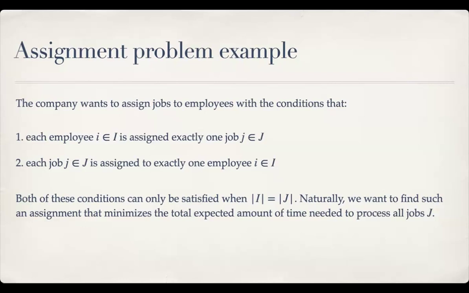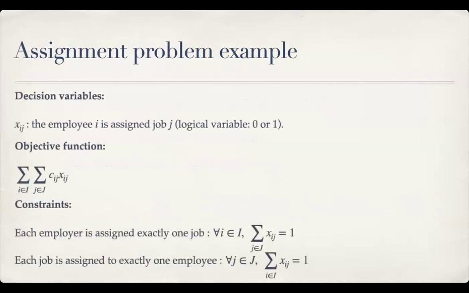So we can write the objective function this way: Cij, xij. But I have to explain this Cij and xij first. Cij represents this coefficient.